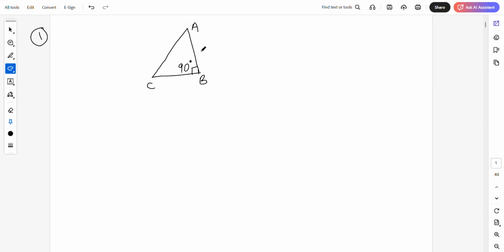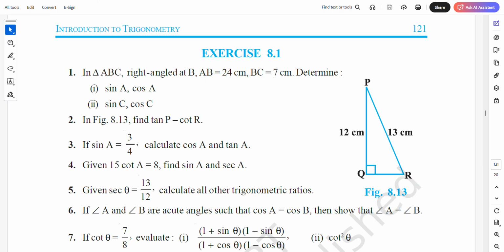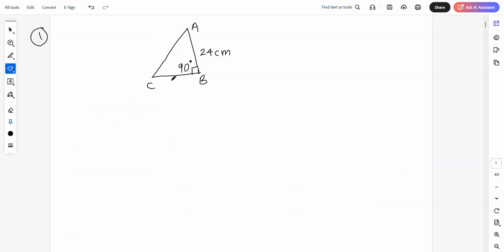AB is 24 centimeter and BC is 7 centimeter. The side which is opposite right angle is hypotenuse. This is hypotenuse. They are not given the length of that one.